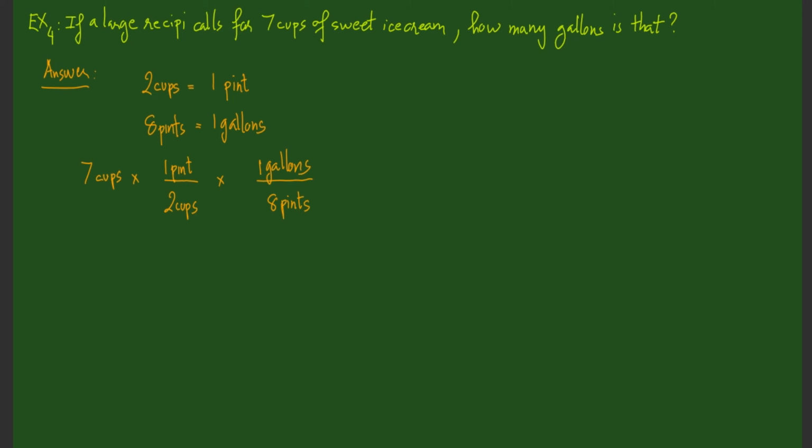You have to set up the conversion factors so that you cancel all the cups and all the pints, and what you have left will be gallons. So all you have to do is 7 over 2 times 8, so your answer is 7 divided by 16.